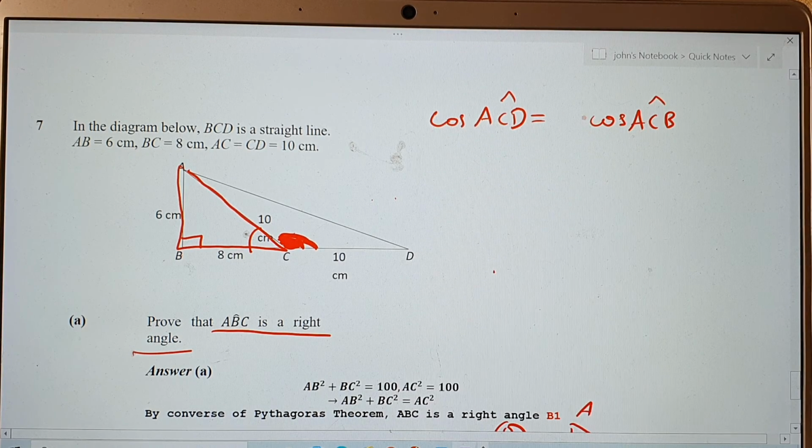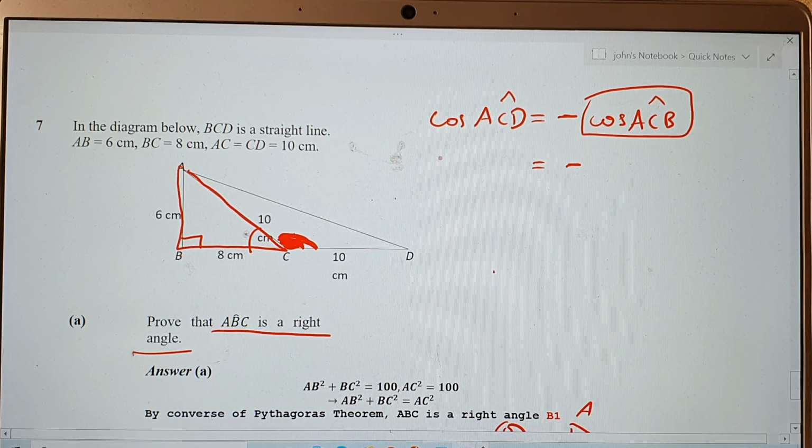But whatever value this is, you just put a minus in front. This is what I mean, only sine has the same sign. Sine, you don't need to do this. Cosine and tangent, you must.